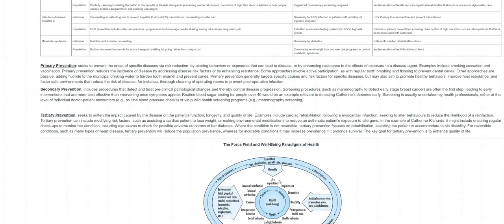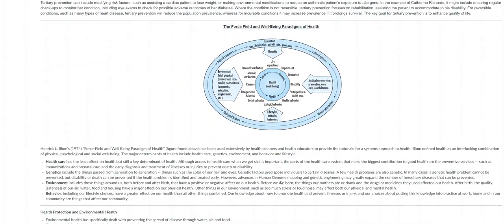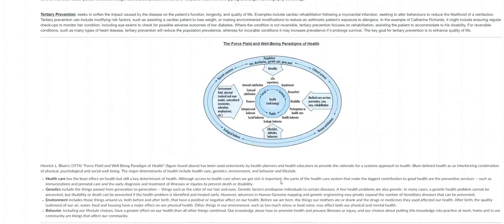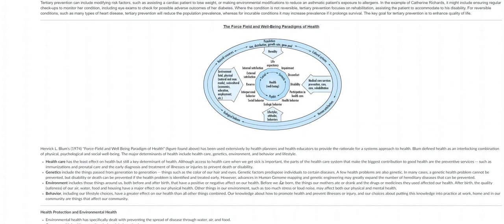All right, so now I'm going to scroll a little further down to the force field and well-being paradigms of health. So this is the Bloom's force field and well-being paradigm, and the idea is it defines the major determinants of health when we're looking at one's health and well-being.